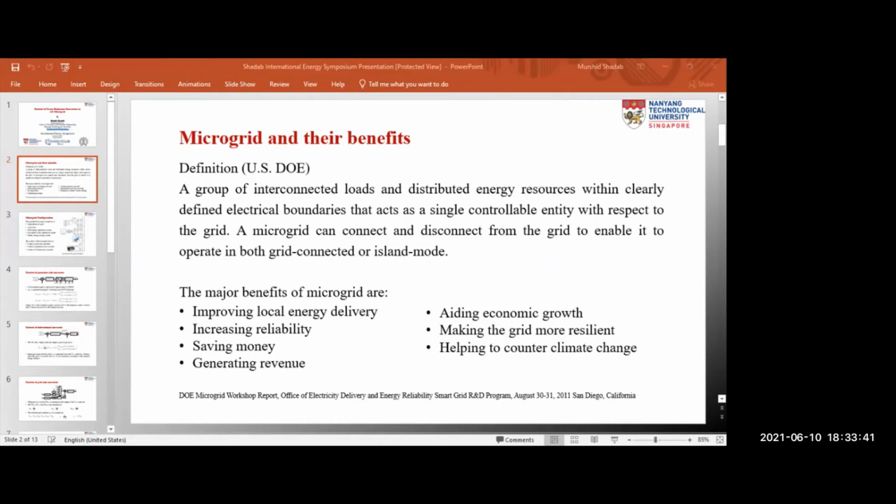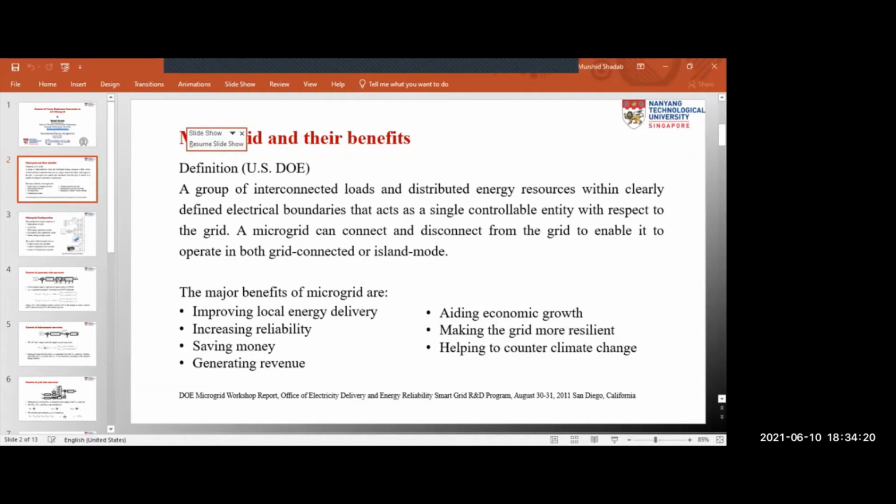A microgrid can work in grid connected mode as well as islanded mode, and therefore they give some major benefits, such as reducing the peak grid demand, and it also reduces the line losses, because most of the distributed energy sources are located on the load end. So only a small amount of energy is required from the grid side. Most of the power is being fed from the prosumer itself.